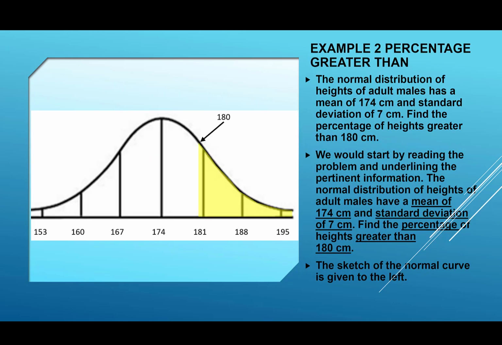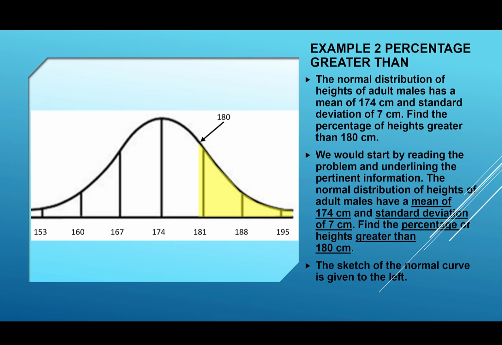Our second example is going to be a percentage greater than. And the problem states that we have a normal distribution of heights of adult males with a mean of 174 centimeters and a standard deviation of 7 centimeters.